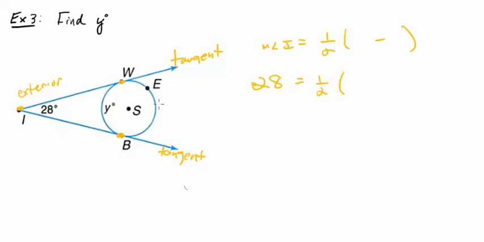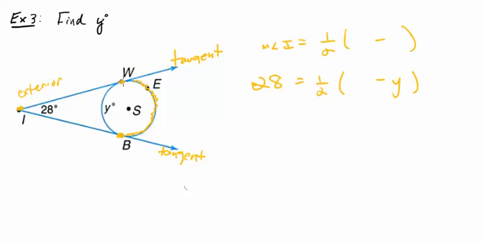And this is a little bit tricky here. Okay, looks like y is the smaller arc, so we're going to subtract y. But now we need an expression for that arc. Okay, well, we can clearly see that arc WEB added to arc WB is equal to the entire circle, which is going to equal 360 degrees.